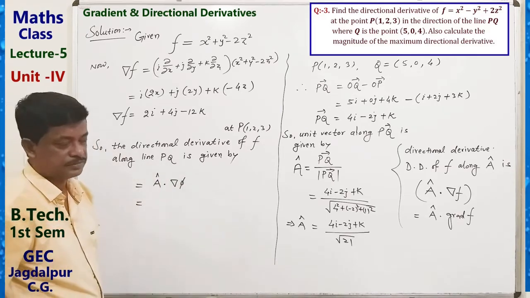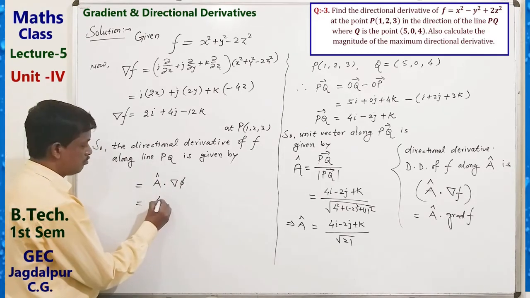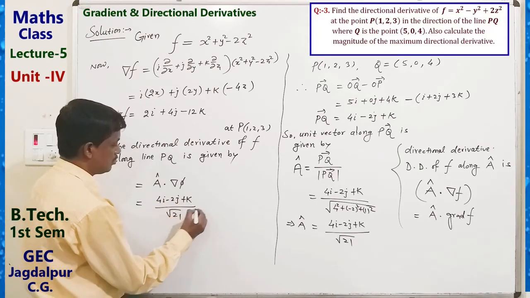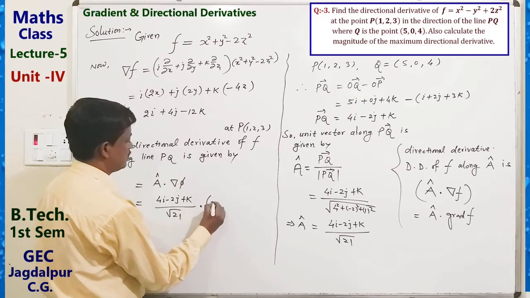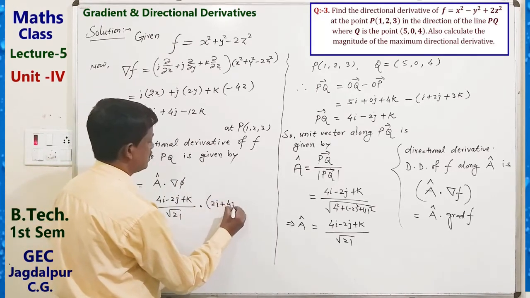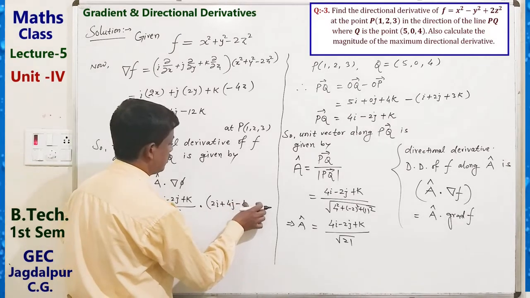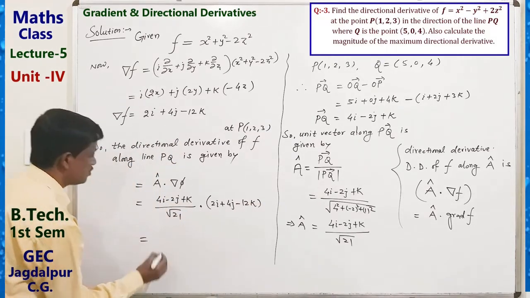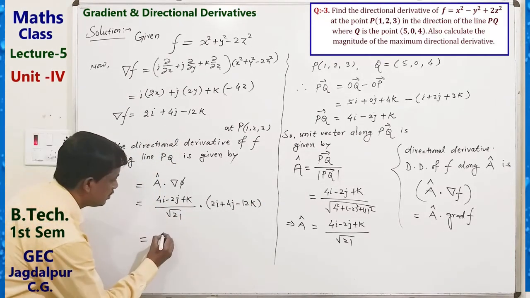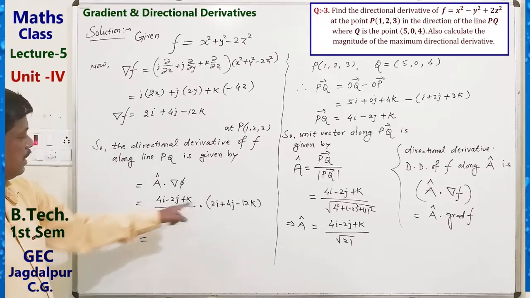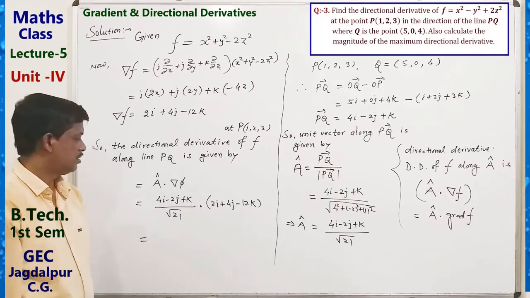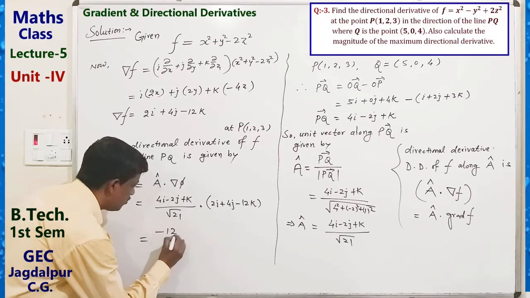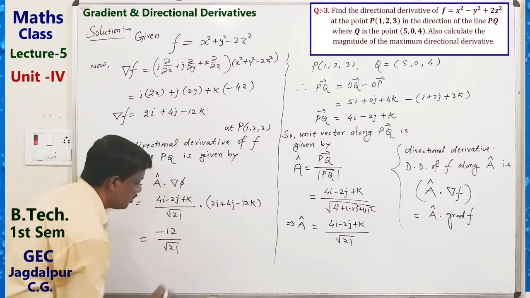A cap is this, (4i minus 2j plus k) upon root 21, into del phi, which is 2i plus 4j minus 12k. So this is equal to 8 minus 8 and minus 12, by root 21.